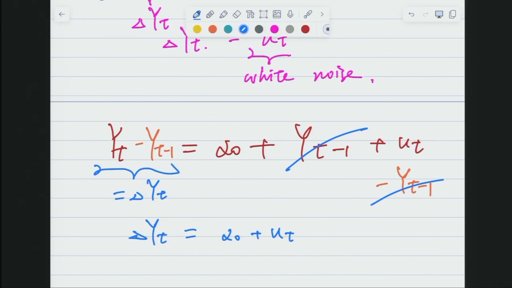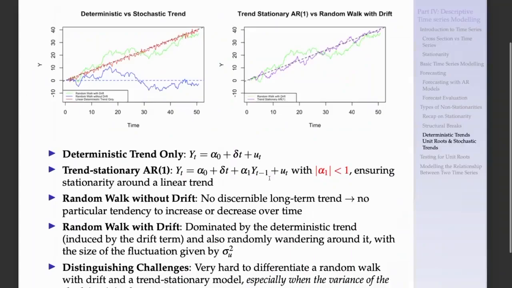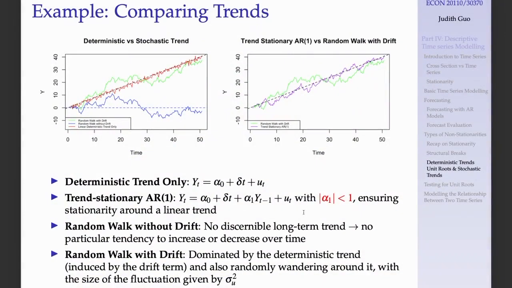And just one final slide before I let you go. On the slide, you can see that there are different time plots. On the left, we're comparing the deterministic and the stochastic trend. The only part that is new on the left is that now it includes the deterministic trend, plotted in red.